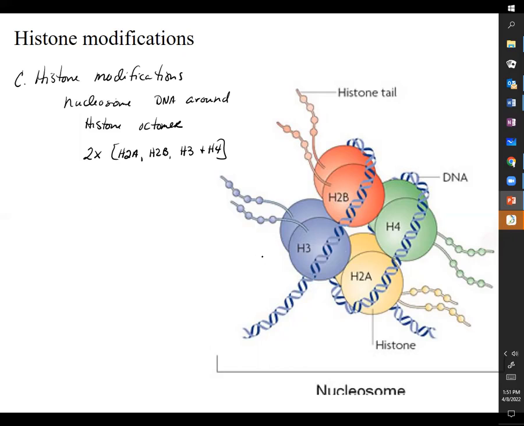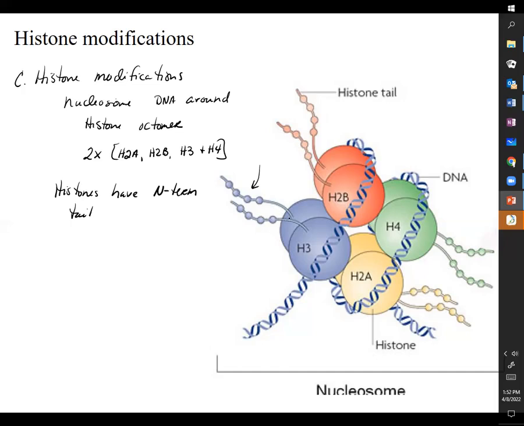And if we look a little more closely at these histones now, each histone has an N-terminal tail, which you can see here.